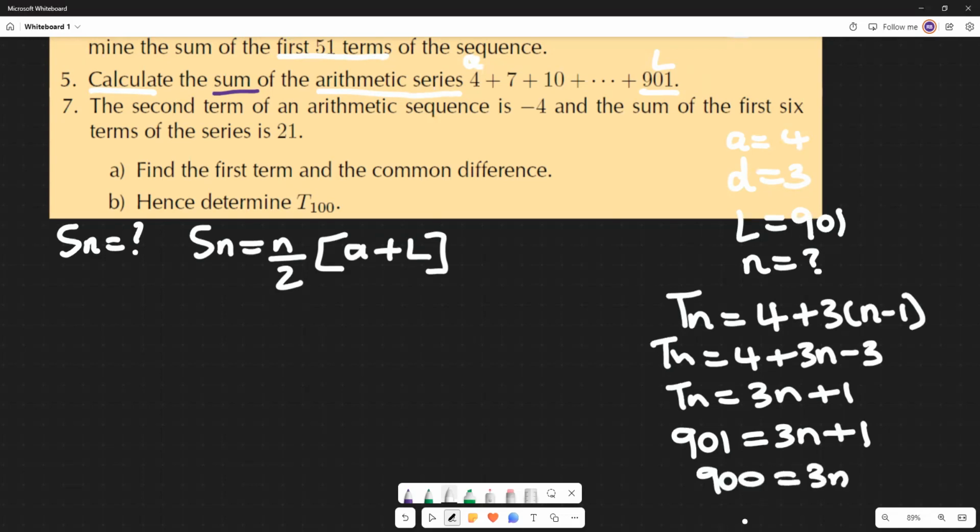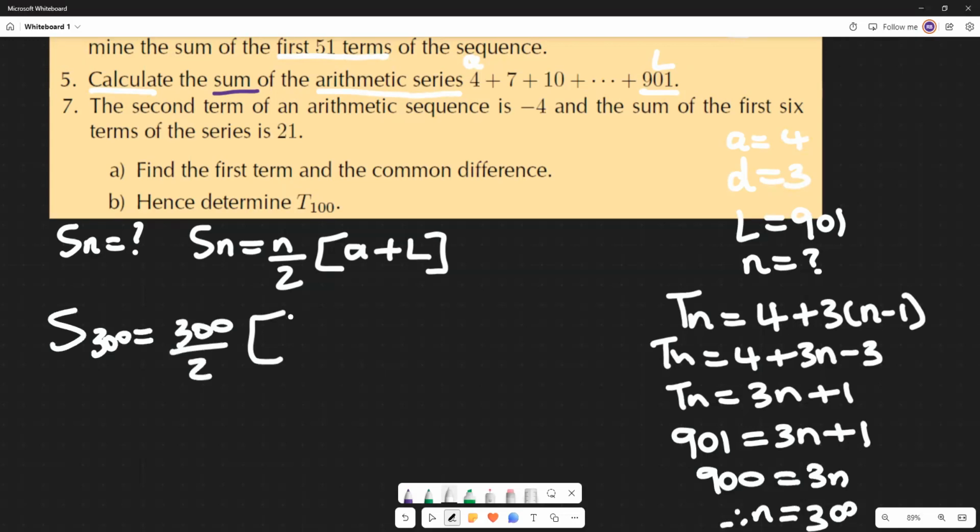Then I divide by 3 both sides. I can see that my n will be 300 because 900 divided by 3 is 300. So it means I'm doing the sum of 300 terms. So I'm going to say S300 is the same as 300 over 2. My first term is 4. Then my last term is 901. And then let's see what that gives us.